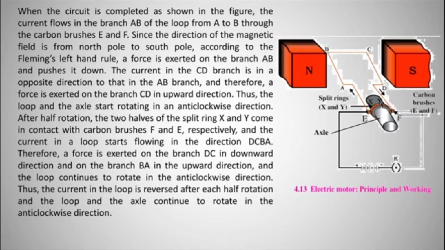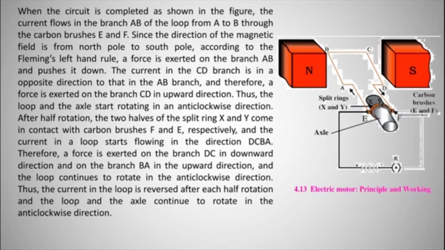The current in the CD branch is in the opposite direction to that in the AB branch, and therefore a force is exerted on branch CD in upward direction. Thus, the loop and the axle start rotating in anti-clockwise direction.